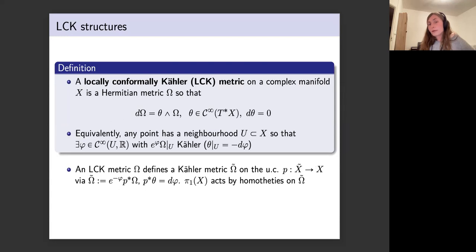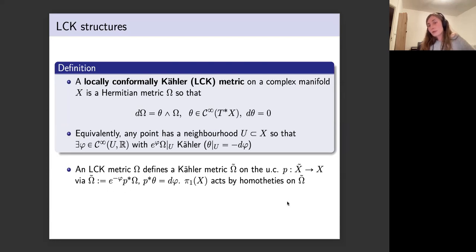And then you have a global Kähler metric, which is conformal to the pullback of your LCK metric. And moreover, because the fundamental group preserves the Lee form, it will act by translations on this primitive phi of your Lee form, and therefore by strict homotheties on this Kähler metric.